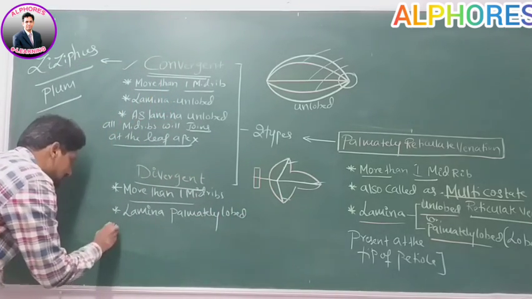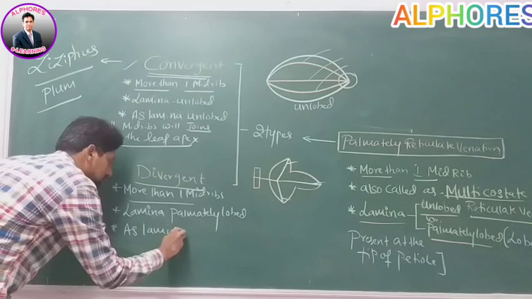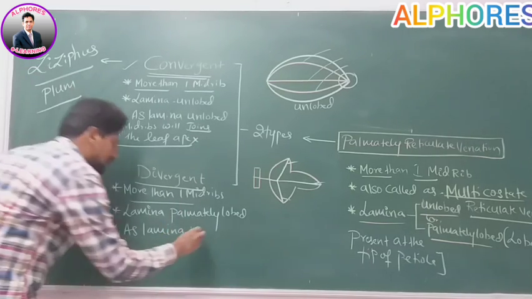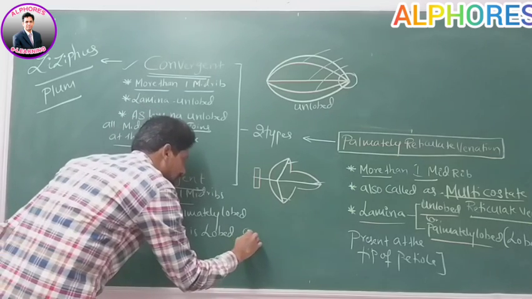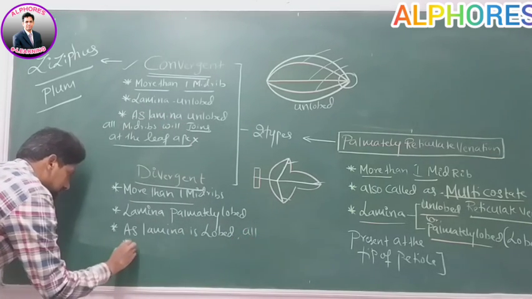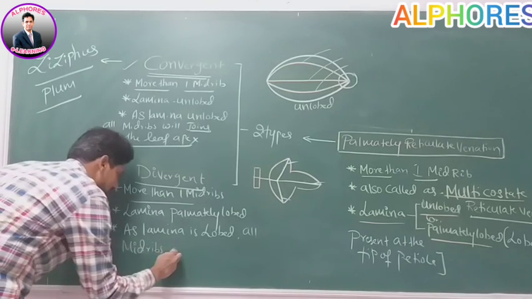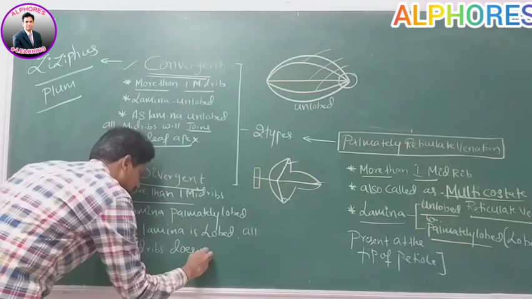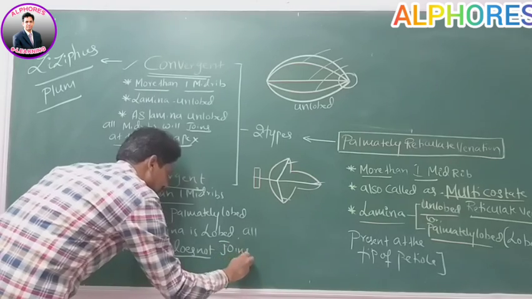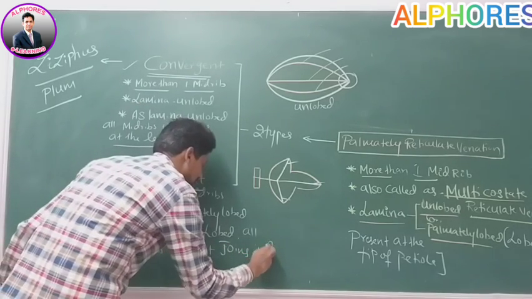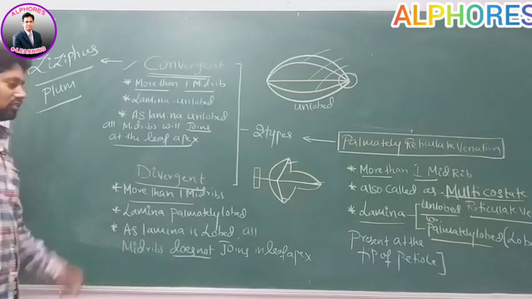As the lamina is lobed, all midribs do not join at the leaf apex.